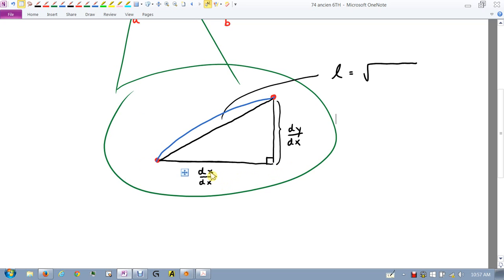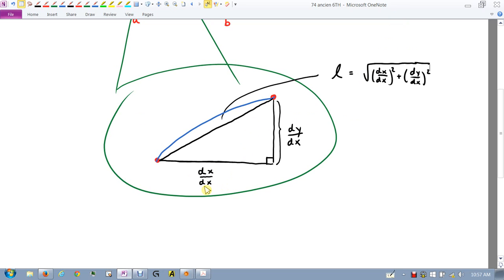This is how much x changes with respect to x. This is how much y changes with respect to x. So over here, dx/dx squared plus dy/dx squared.